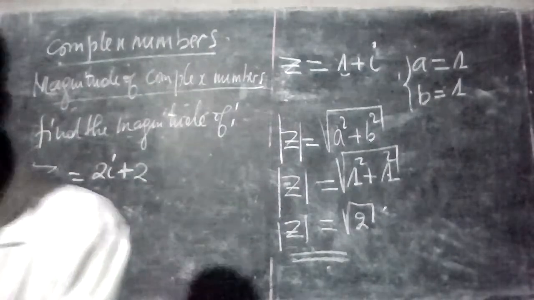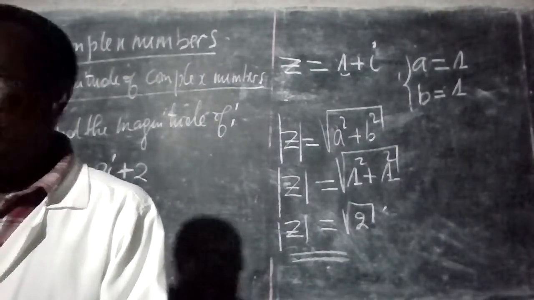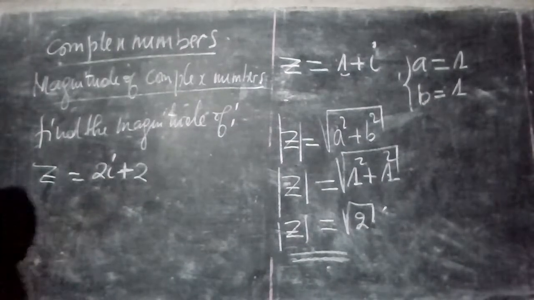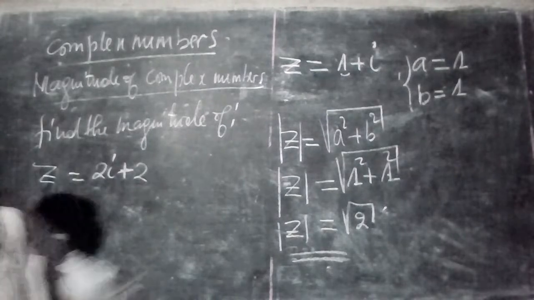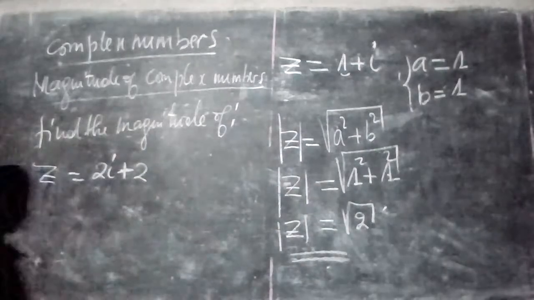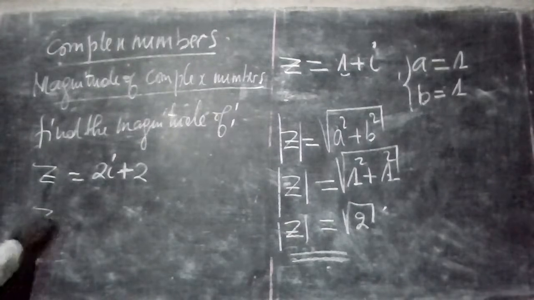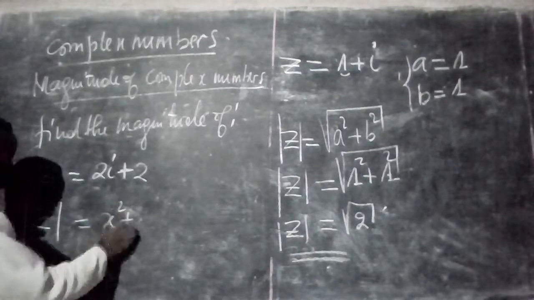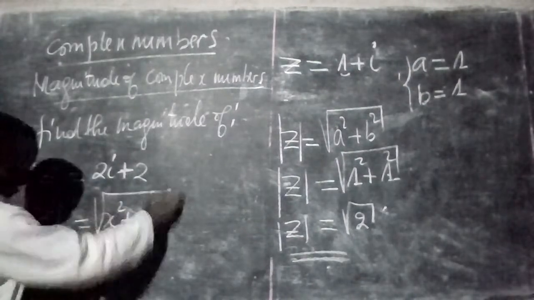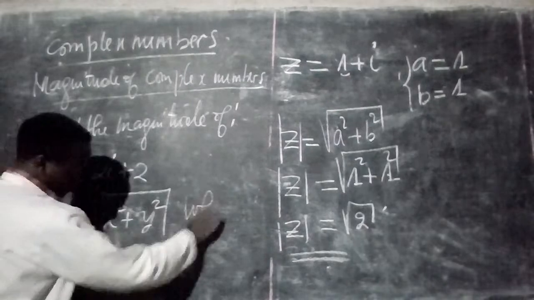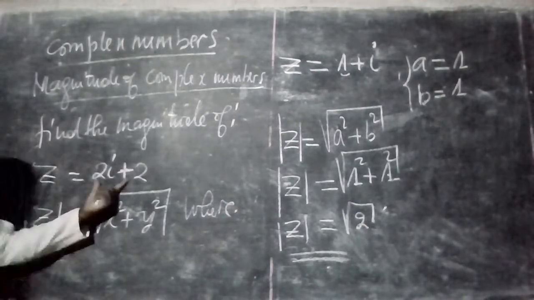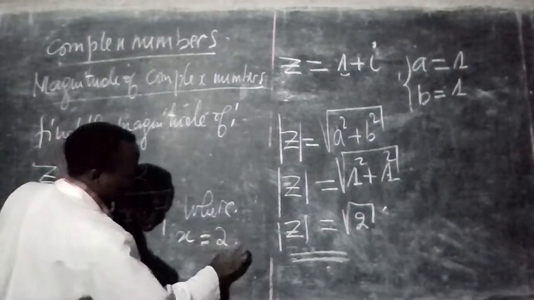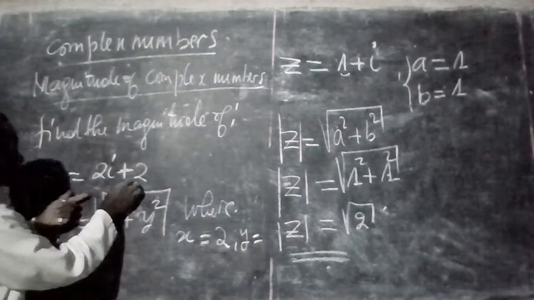Now let us continue. About the magnitude of this complex number, as we have seen in this part, its magnitude is equal to the square root of x square plus y square, where x is equal to this 2 and y is also equal to this one.